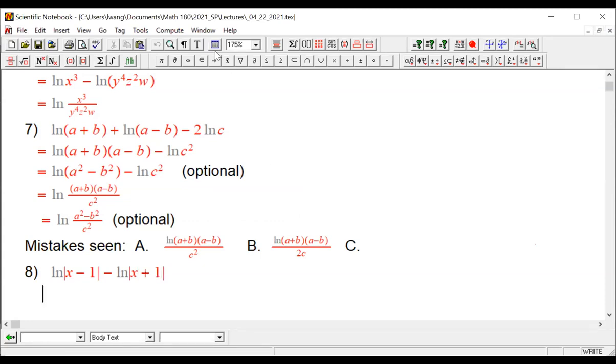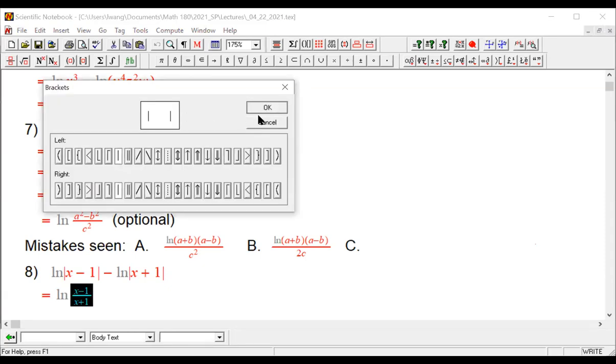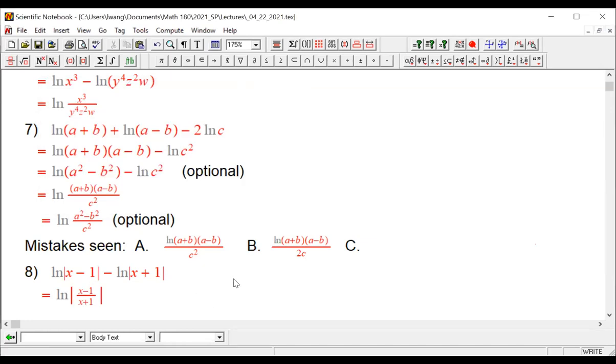This is very straightforward using the quotient rule: x minus 1, x plus 1. You're done. This is done.